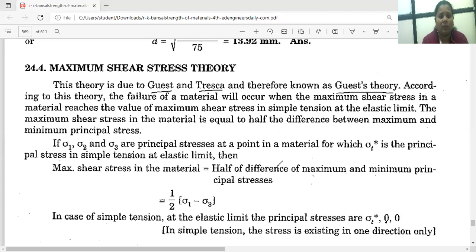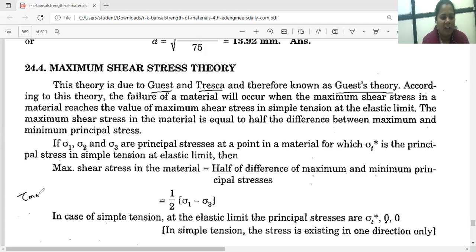This theory was developed by Guest and Tresca, so this is called Guest theory.